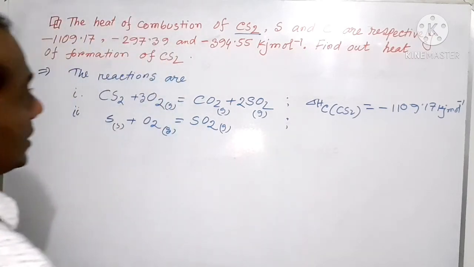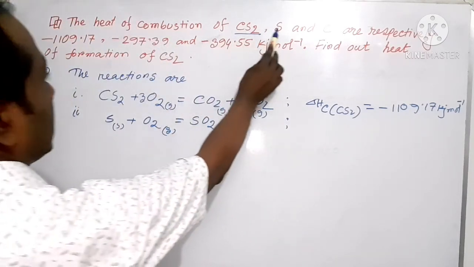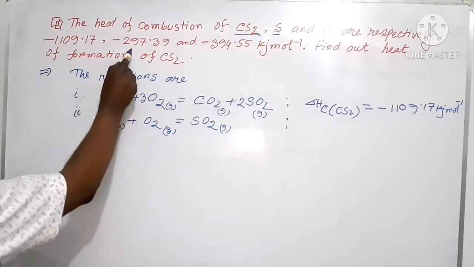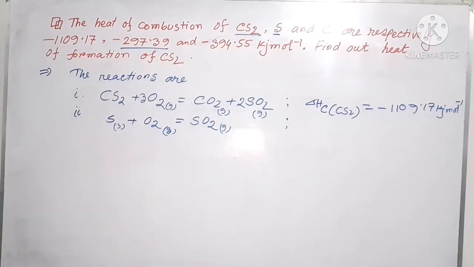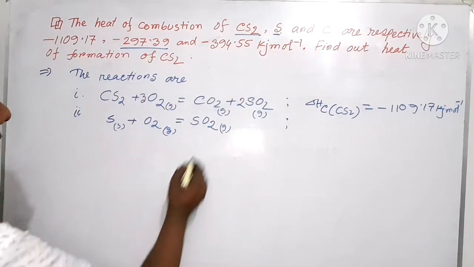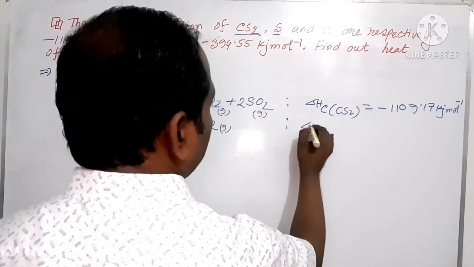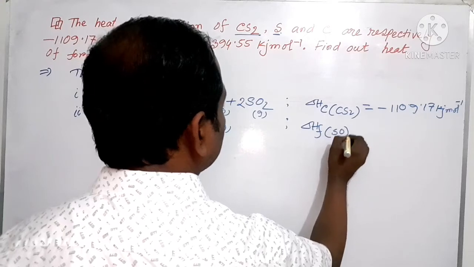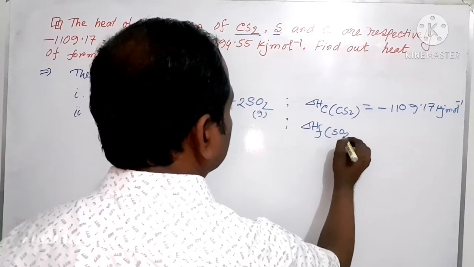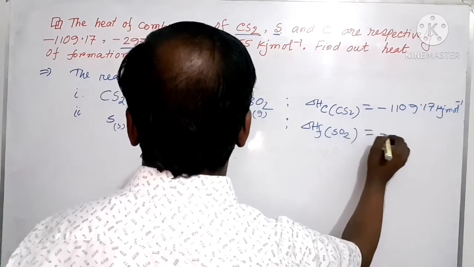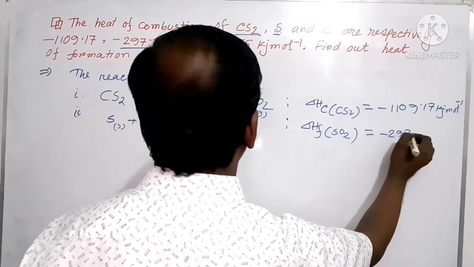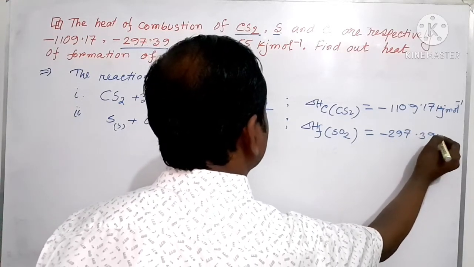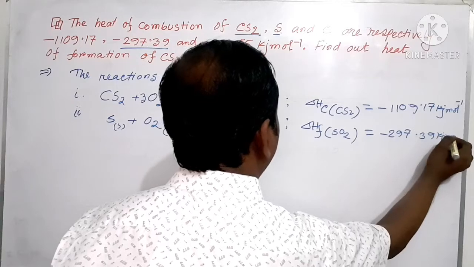In this term, the combustion enthalpy of sulfur is given as 297.39. We know that the combustion enthalpy of sulfur is equal to the formation enthalpy of sulfur dioxide. So we write here del HF of SO2 equal to minus 297.39 kilojoule per mole.